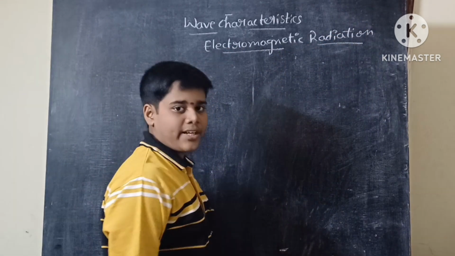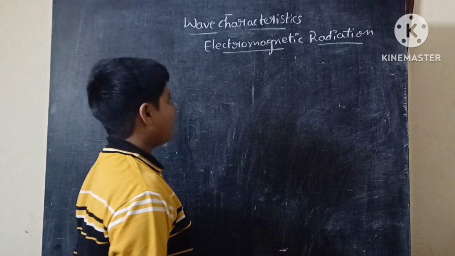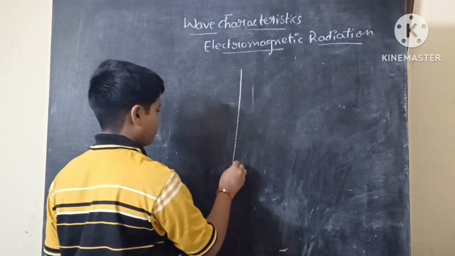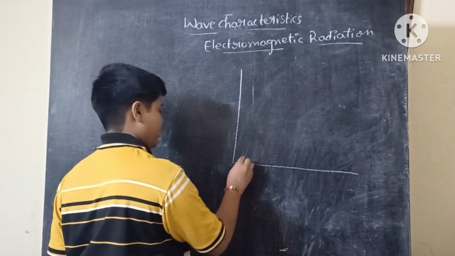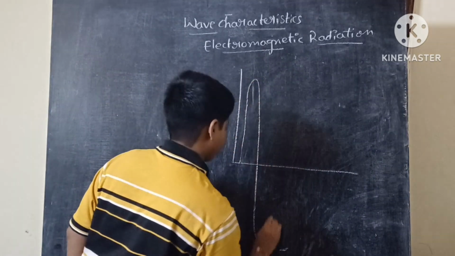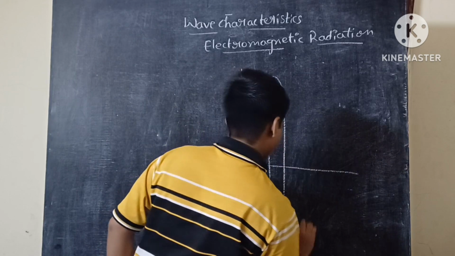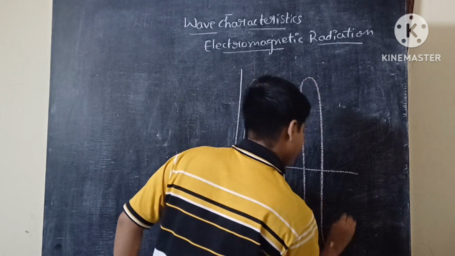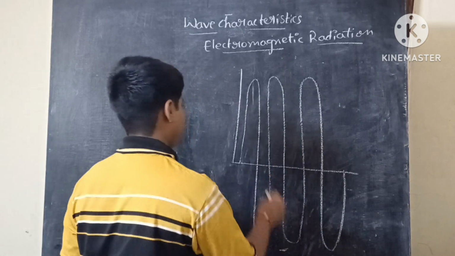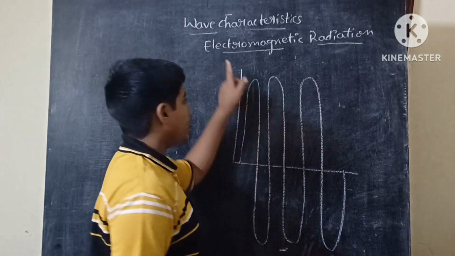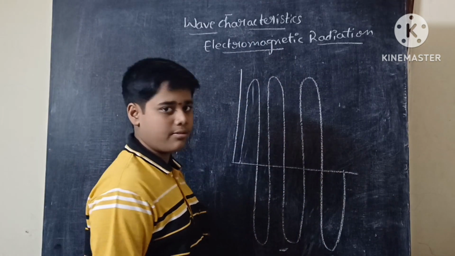Here, electromagnetic radiation means it is a type of nature of light. It travels like this. It is a type of nature of light and it has both electric field and magnetic field also.